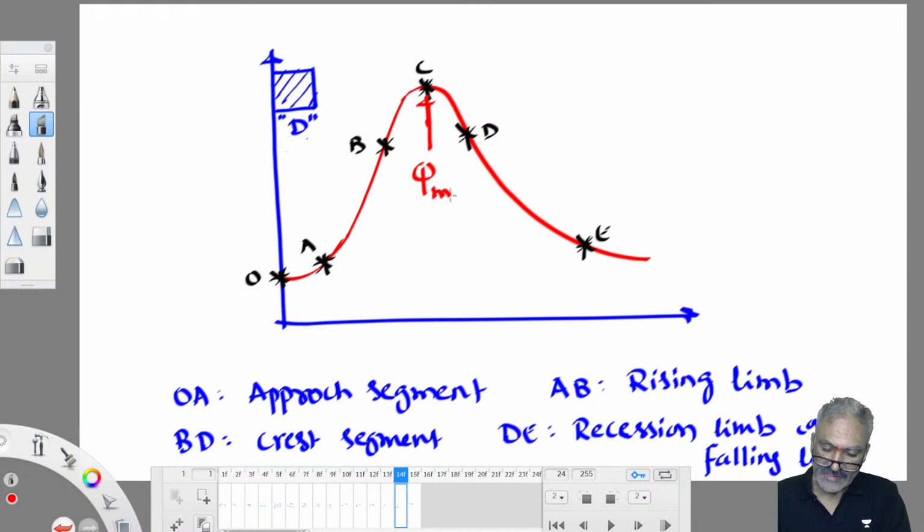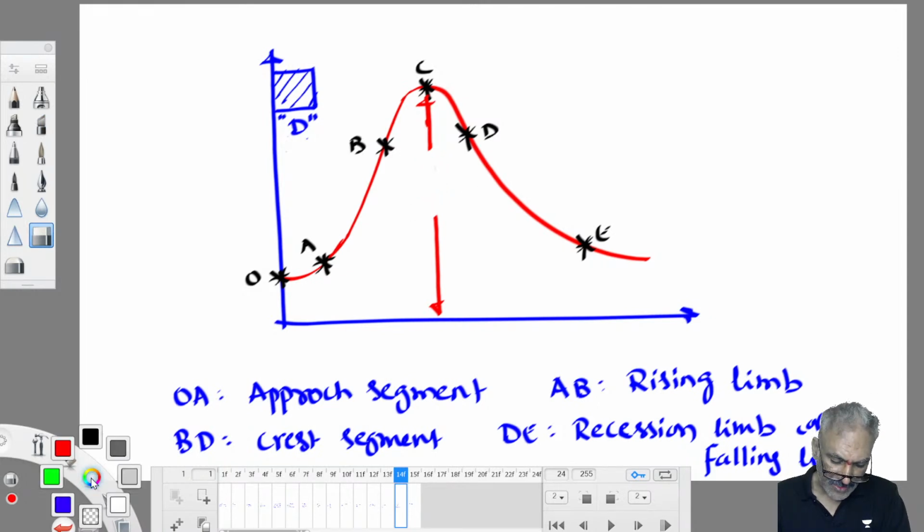This is Q max, maximum discharge, or QP, Q peak. I will put QP, peak discharge. This is called QP, the P coordinate of the hydrograph otherwise.